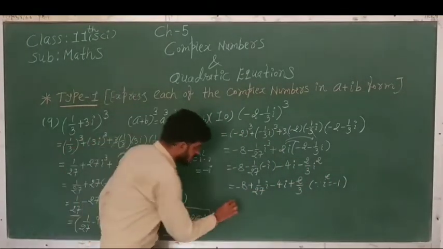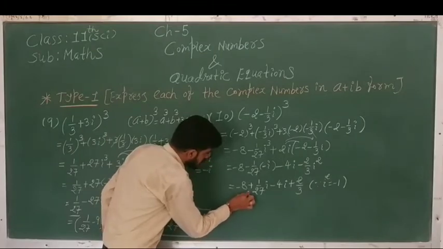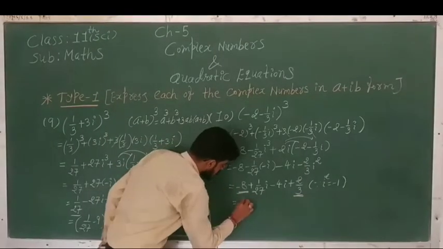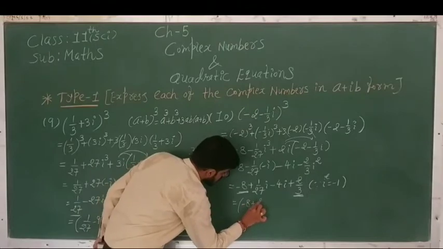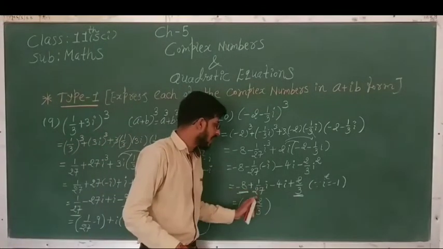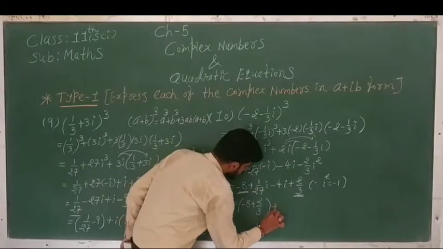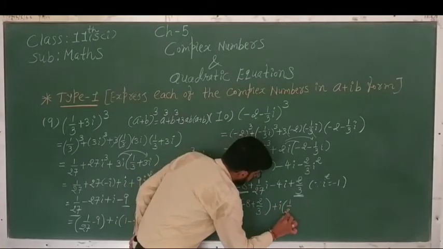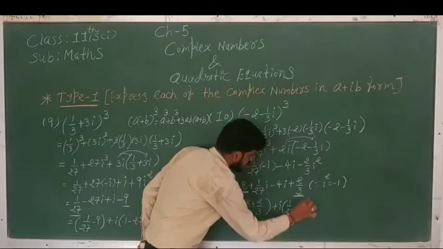Now simplify. The real part is minus 8 and 2 by 3, write down in one bracket minus 8 plus 2 by 3. Okay, and take i common from the imaginary part, so plus i bracket 1 by 27 minus 4.